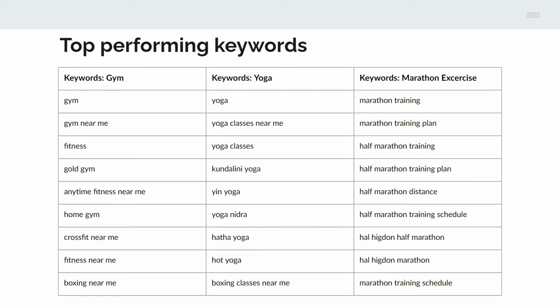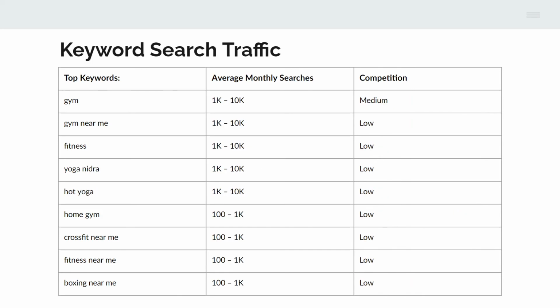Every top related keyword in terms of gymming or yoga or marathon exercise is in its own column with the related search terms. Once I do that, I also take all the important information from Google Keyword Planner so that I have it at hand. And this is just to show you guys a breakdown of how I lay it out.